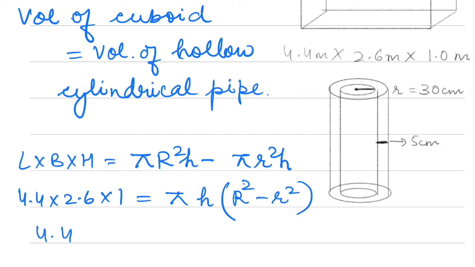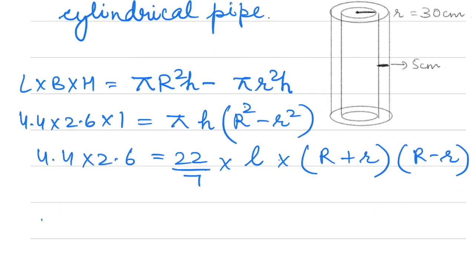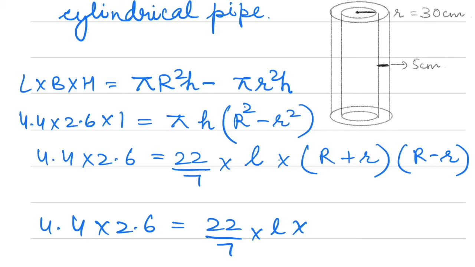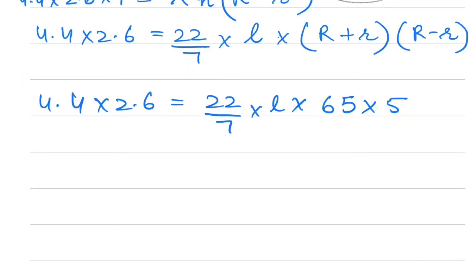So 4.4 into 2.6 is equal to 22 by 7 into the height, or the length of the pipe we have to find out, into r plus r into r minus r. That is 30 plus 35, so 65 into 5. We have to change this into meters, so I'll divide by 100 and this also by 100. So everything is in meters now.